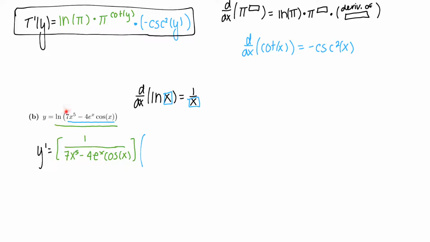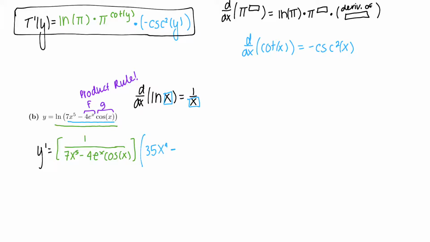So this first part, derivative of 7x to the 5th, that's just 35x to the 4th, minus this part, which requires product rule. Not chain rule, product rule is what I meant to say there.